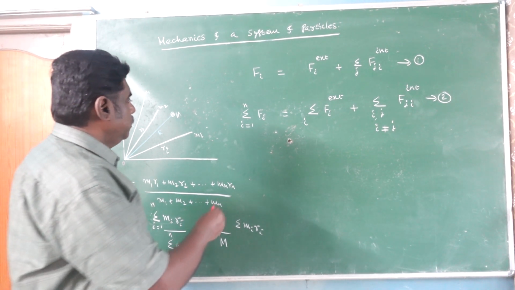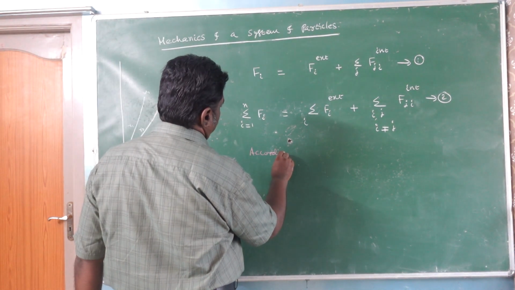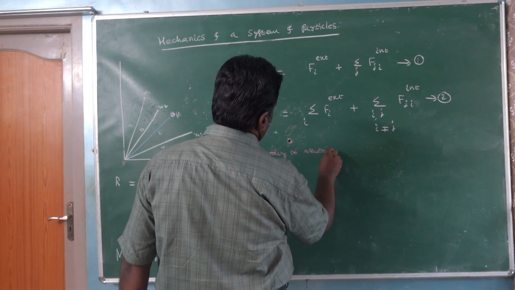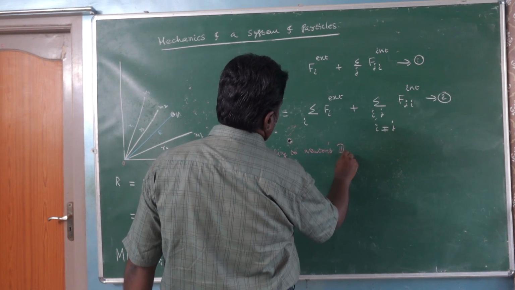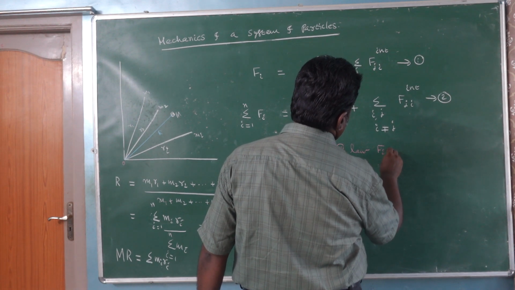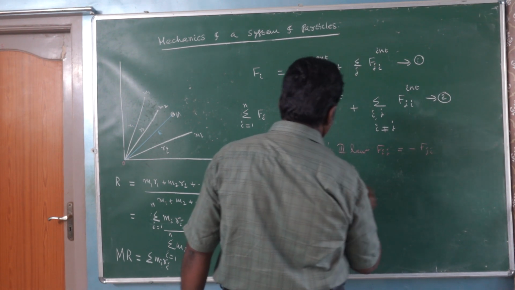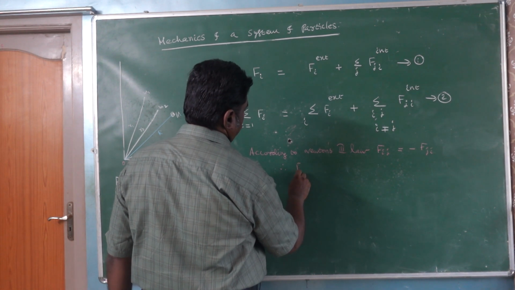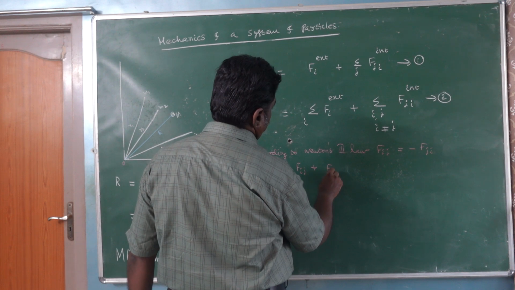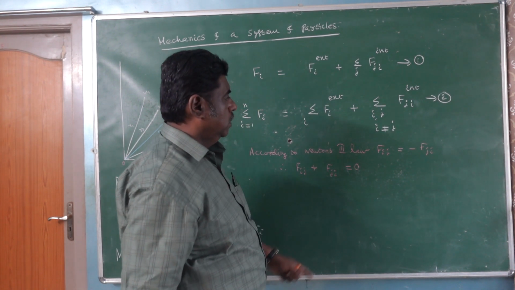According to Newton's third law, Fij equals minus Fji. Therefore, Fij plus Fji equals 0.